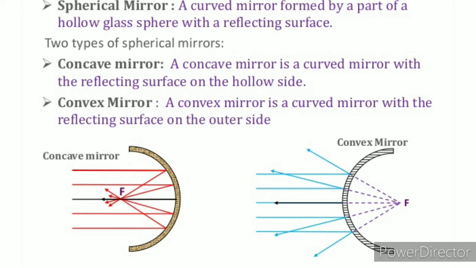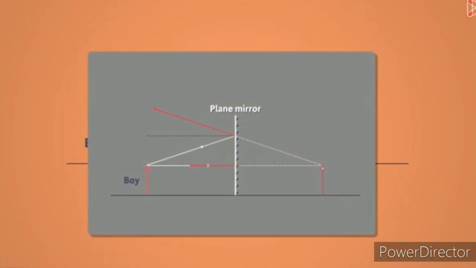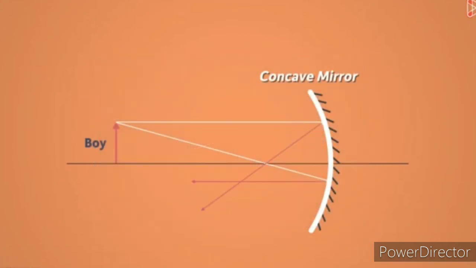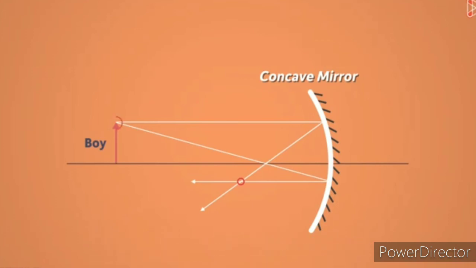What difference did you notice here compared to the plane mirror reflection? In the previous case, all the reflected rays were diverging. Here, all the reflected rays are intersecting each other at this point, or we can say that they are converging at this point, and the image of the top of the arrow is formed at this point.